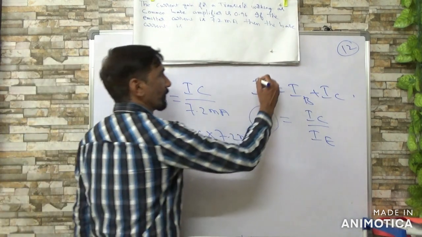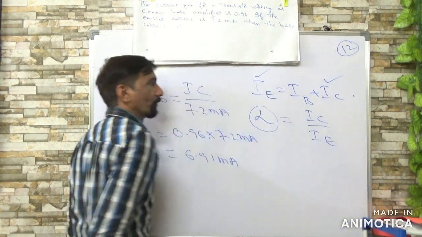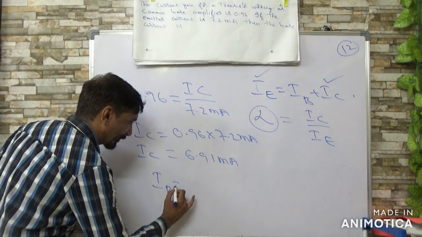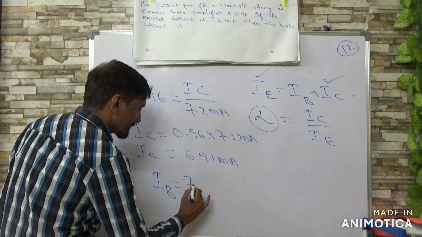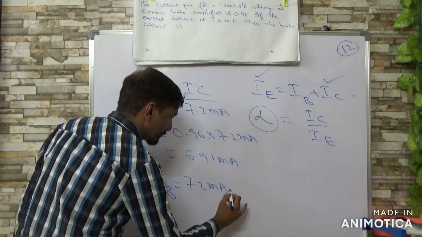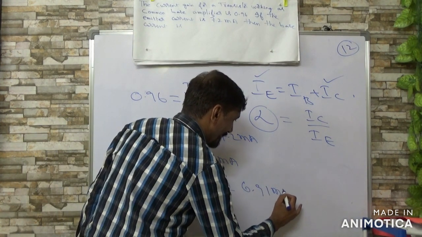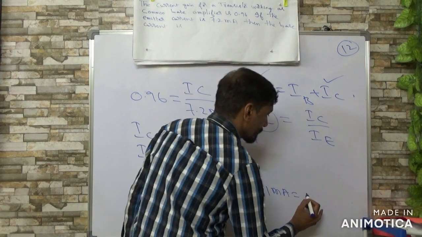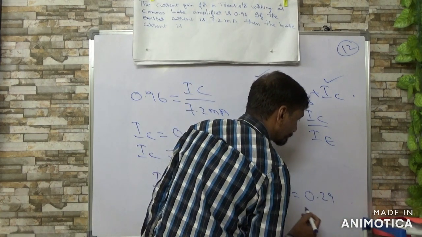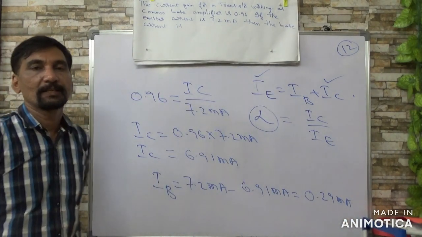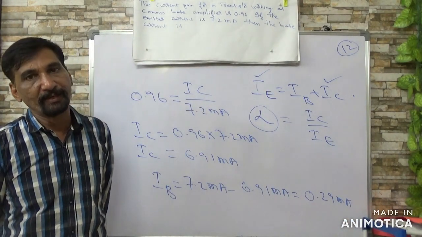So in this problem, emitter known, collector known, you can find base now. Base current is equal to emitter 7.2 milliamp minus 6.91 milliamp equal to 0.29 milliamp. So very less current is base, maximum emitter.